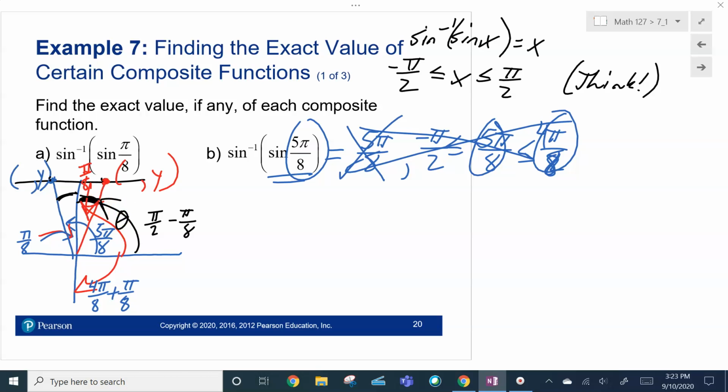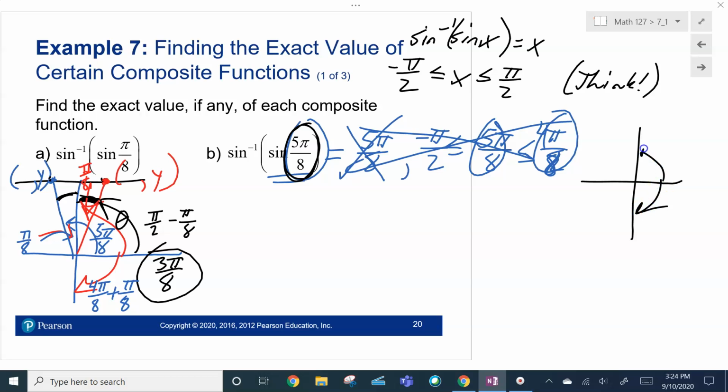So 4 pi over 8 minus pi over 8 is 3 pi over 8. In other words, the angle between here and here that has the same sine, the same y value as 5 pi over 8, is 3 pi over 8. So I can rewrite this as the arc sine of the sine of 3 pi over 8. And now I have my answer. This works.